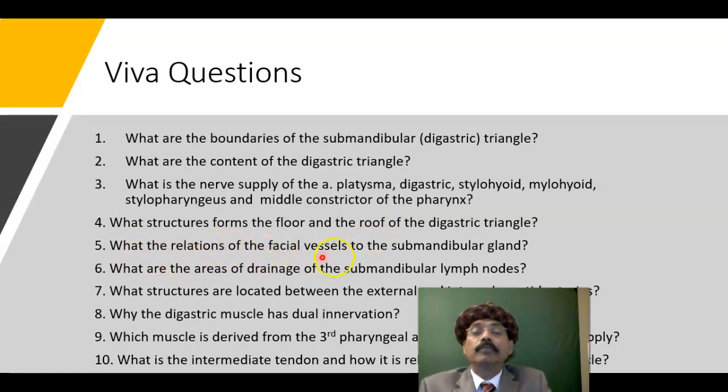What is the relation of the facial vessels to the submandibular gland? Facial vein passes over the submandibular gland. Facial artery passes deep to the submandibular gland. What are the areas of drainage of submandibular lymph nodes? From the forehead, nose, paranasal sinuses, upper lip, upper part of lower lip, the gum, teeth, except the lower incisor teeth.